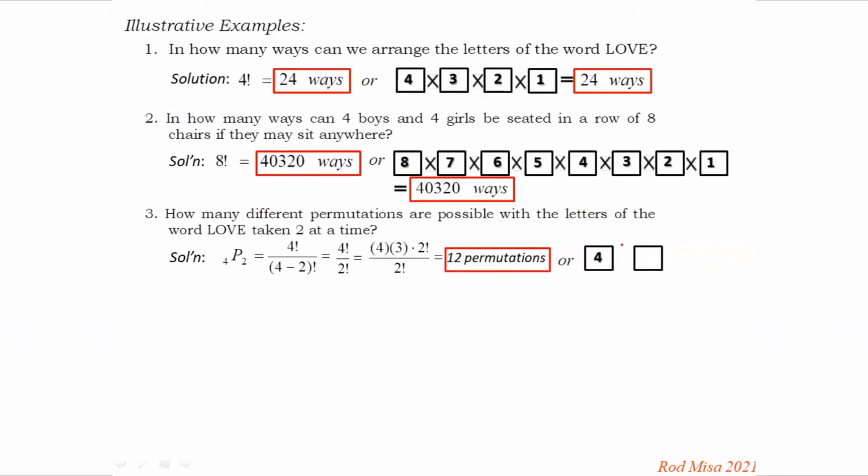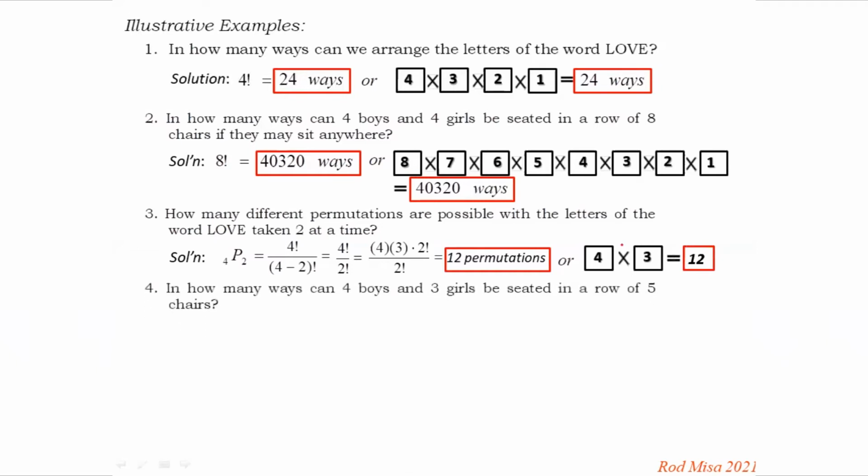But in the second position, I am left with 3 choices now because one of the letters in the word love is already being placed in the first position. So we have 3 here, and multiplying these numbers, we get the product of 12. And you can see that our answers are just the same here.